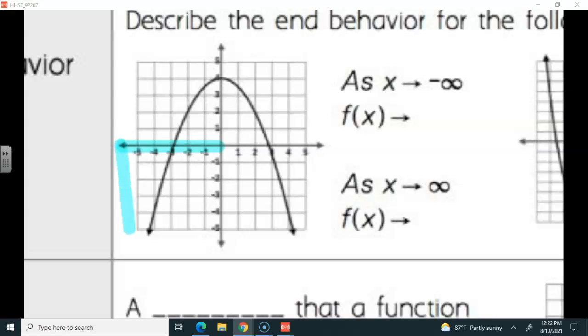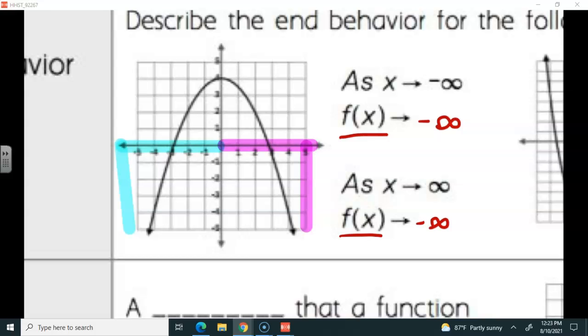It went down. So that's going to be negative infinity. As x goes to the right, what did y do? It went down. So that's also going to be negative infinity. So here you can see that both of the end behaviors went down, and we're using negative infinity to show that.